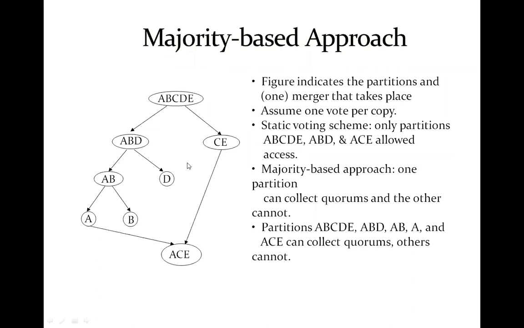In this figure, the root node, A, B, C, D, E, corresponds to a system with 5 copies stored at 5 different sites, A, B, C, D, E. These are the names of the sites, and they have only a single partition.